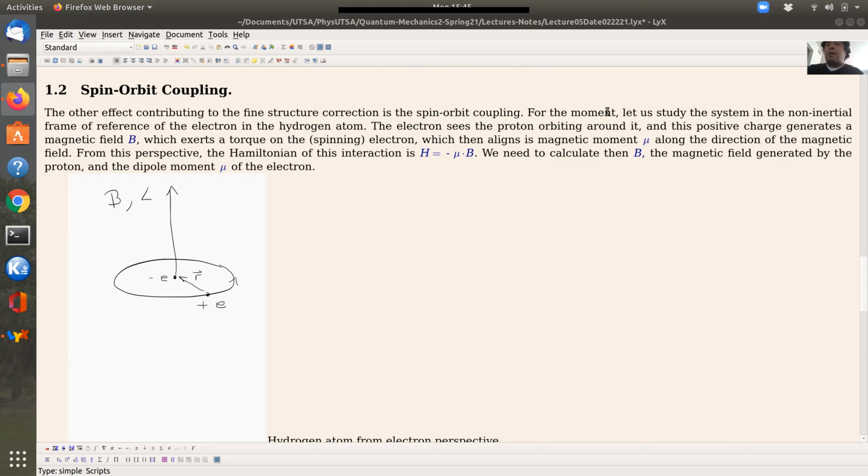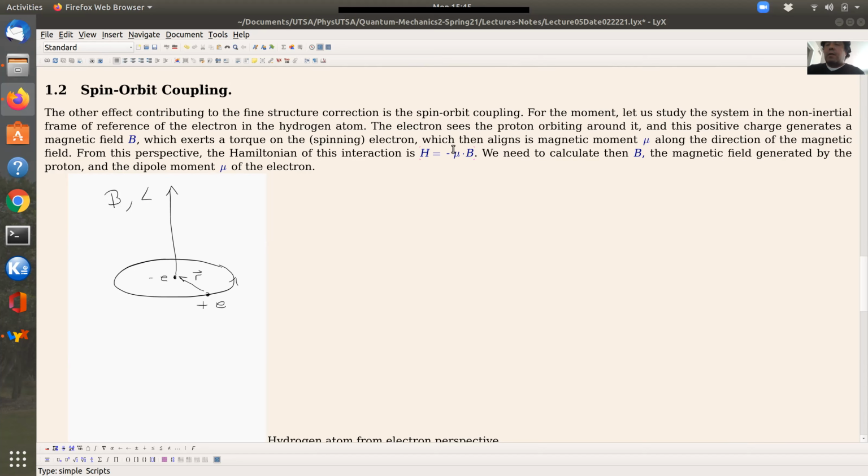So what happens is that there's an alignment of the magnetic moment along the direction of the magnetic field. And we know from classical physics the Hamiltonian related to this interaction: minus mu dot B, where mu is the magnetic moment and B is the magnetic field generated.